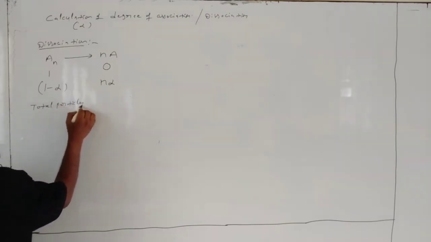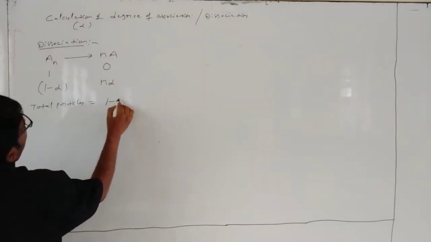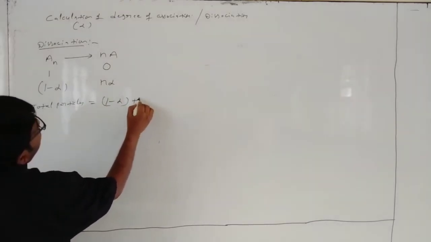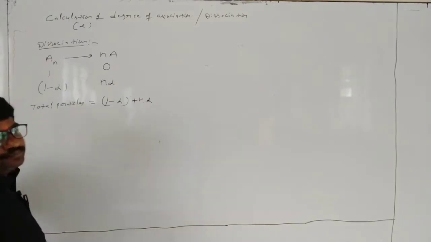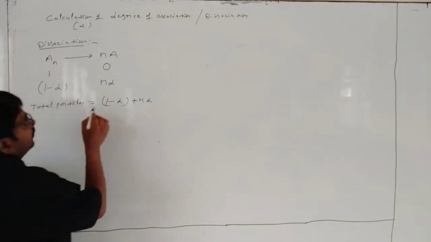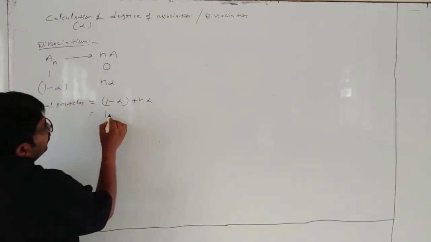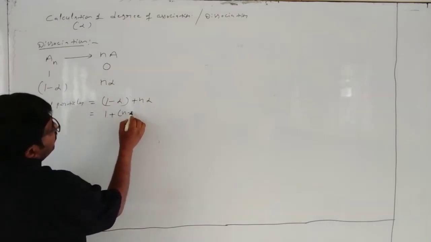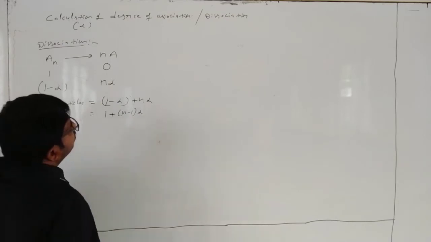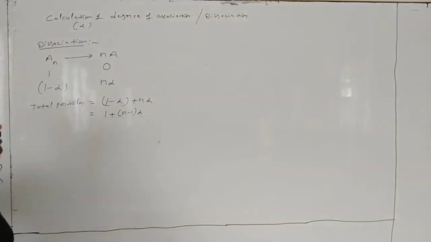Now the total particles is equal to 1 minus alpha plus n alpha. This we can write as 1 plus (n minus 1) alpha.